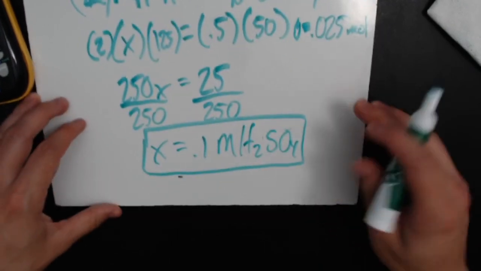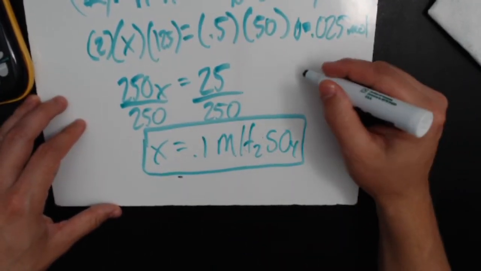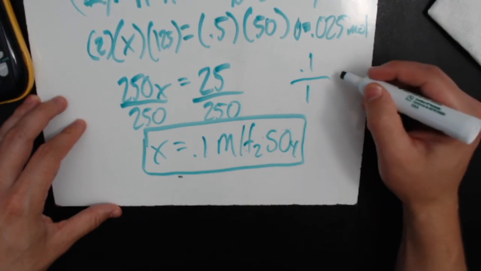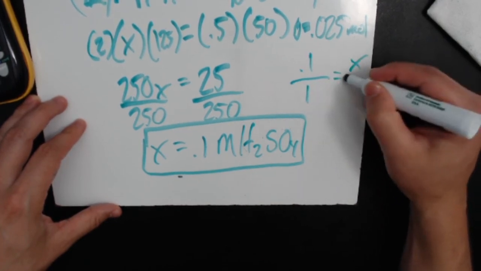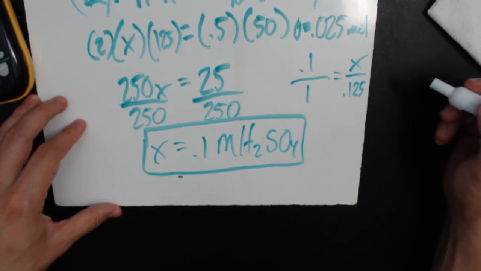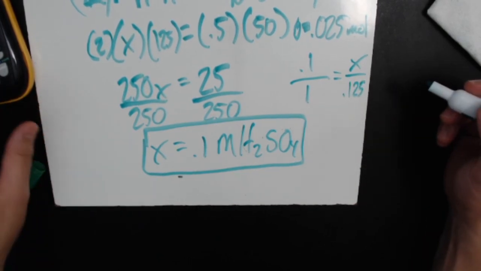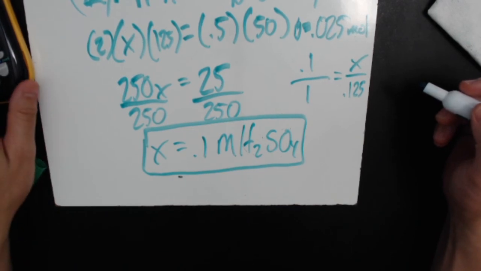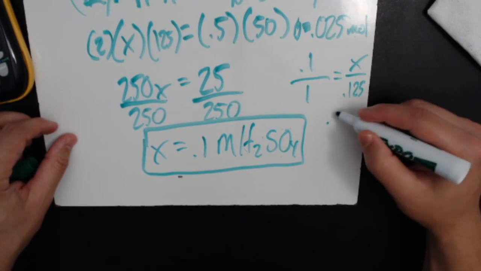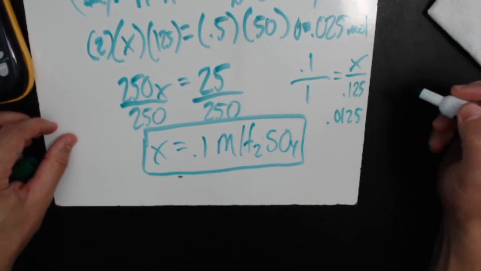Alright, so if our concentration of our acid is 0.1, that'd be 0.1 moles over 1 liter is equal to x over 0.125. 0.1 times 0.125, enter, is 0.0125.